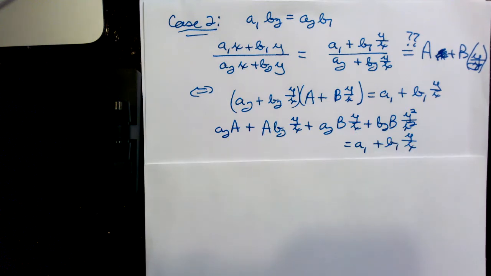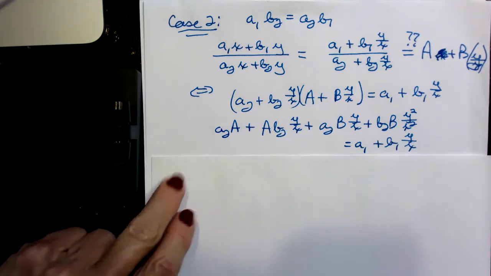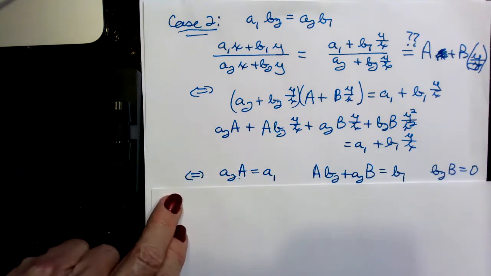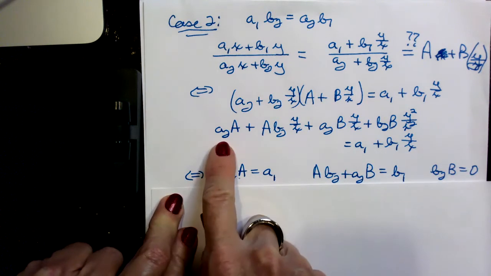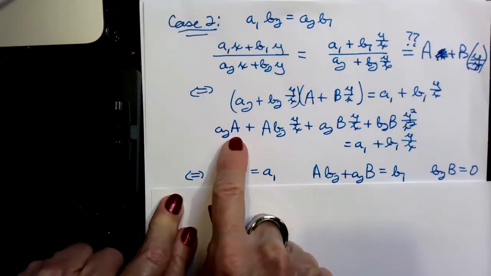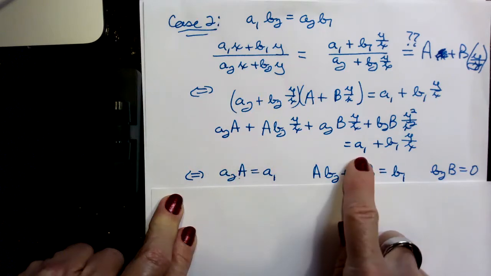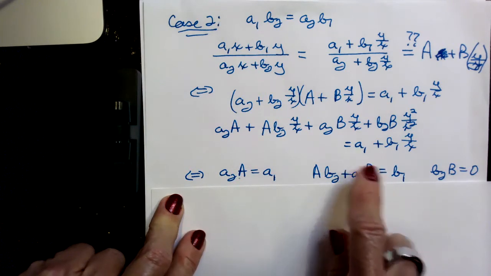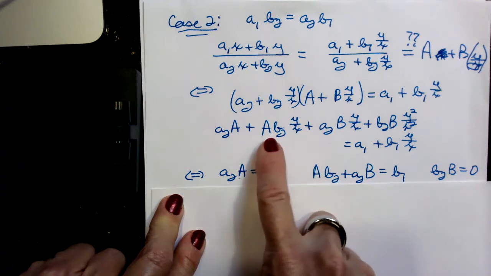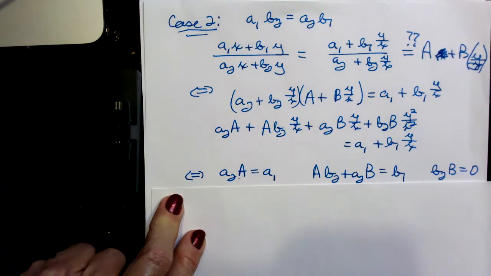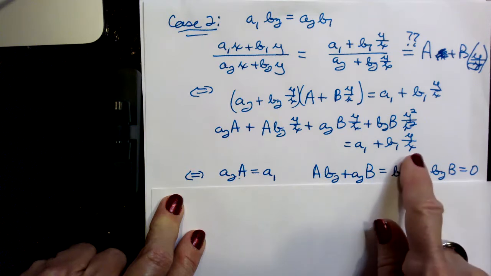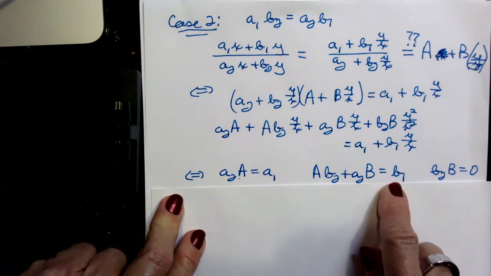Okay, well, that's two polynomials. If they're equal, the coefficients have to be equal. So that says that the constant term, which is a2a on the left, has to be equal to the constant term on the right, which is a1. The coefficient of y over x on the left, which is ab2 plus a2b, has to be equal to the coefficient of y over x on the right, so that's b1.